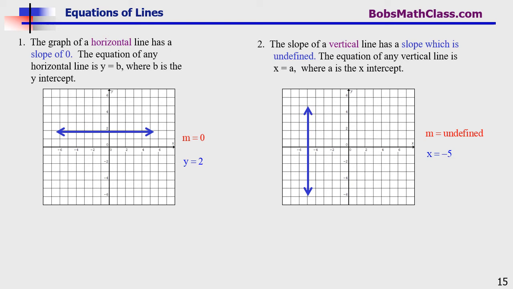In this graph, it looks like it's going through negative 5 on the x-axis, so the equation of this line is x equals negative 5. So a horizontal line, y equals a number. A vertical line, x equals a number. The slope of a horizontal line is 0. The slope of a vertical line is undefined.